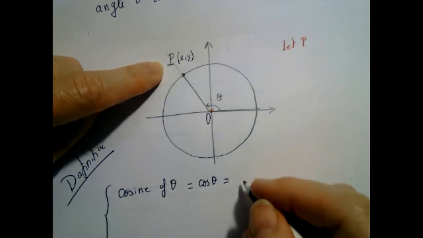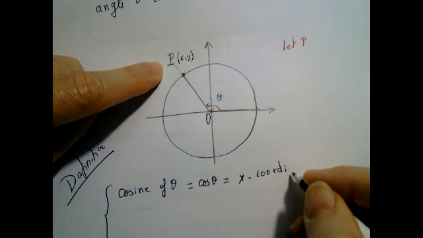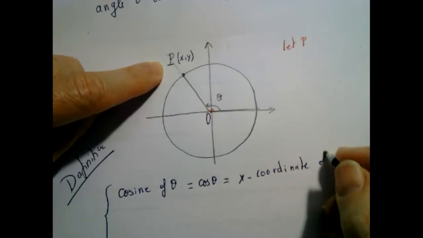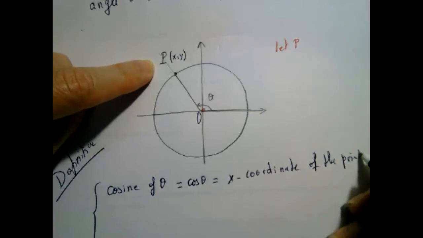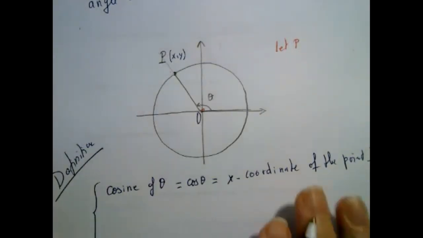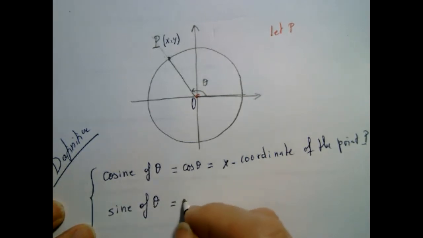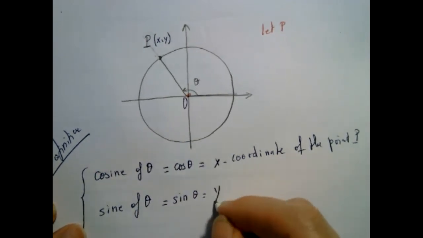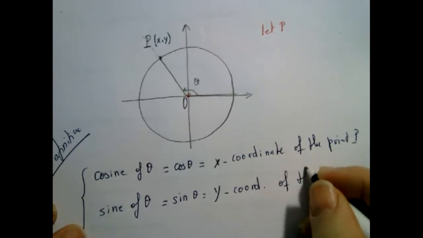The cosine theta is defined to be the x coordinate of the point P. That's the definition. The sine of theta, which we denote by sin of theta, is defined to be the y coordinate of the point P.